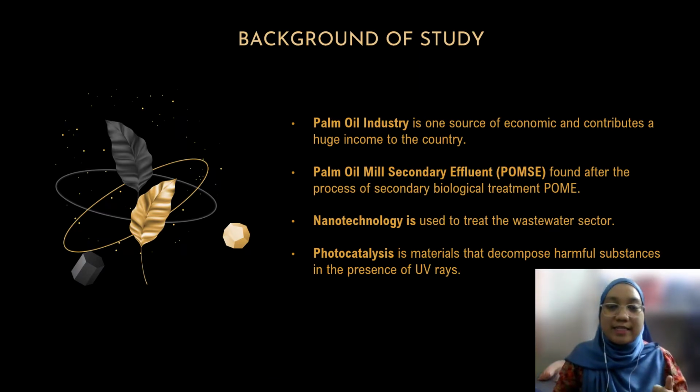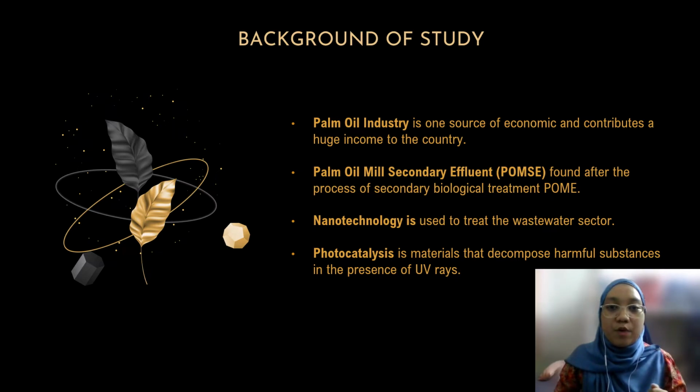The first one is the background of the study. Palm oil industry is one source of economic and contributes a huge income to the country. With the high demand for this industry, the problem of pollution is also becoming a concern. Palm Oil Mill Secondary Effluent (POMSE) is found after the process of secondary biological treatment of POME.